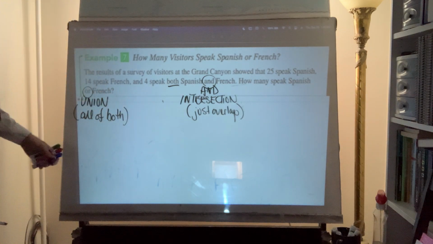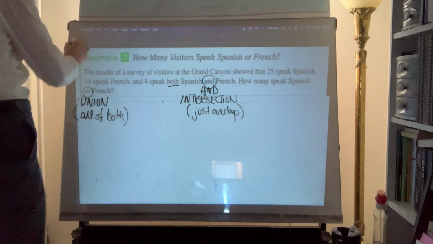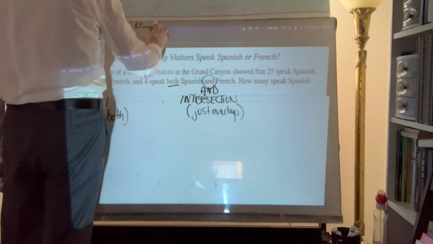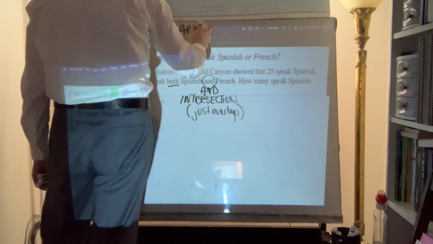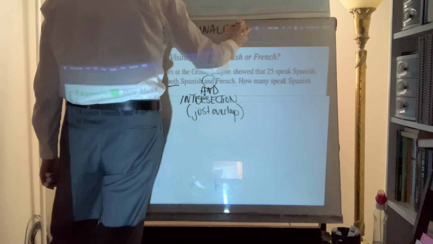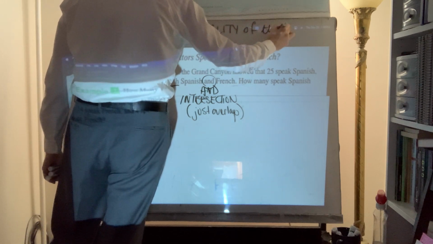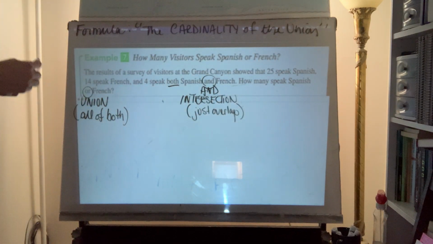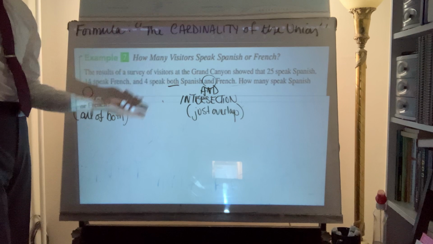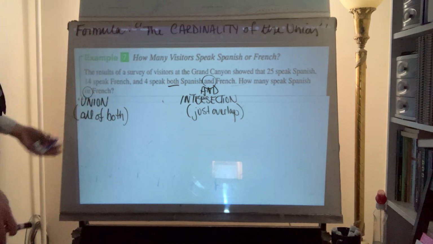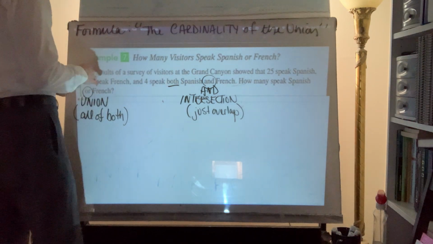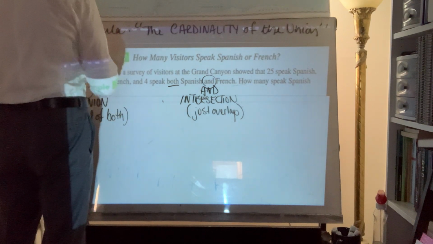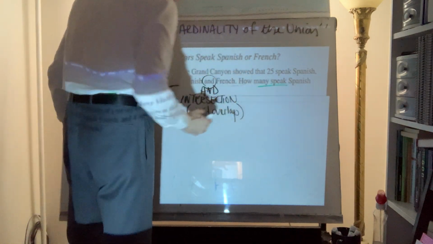Now, this is a prime candidate for using that formula. The cardinality of the union. Because you don't need a picture if you have the formula. This description of the set situation is enough. I'm going to put it here again, and hopefully this will be visible. If it's not, I'll adjust it. So, if we're asking about how many, right?